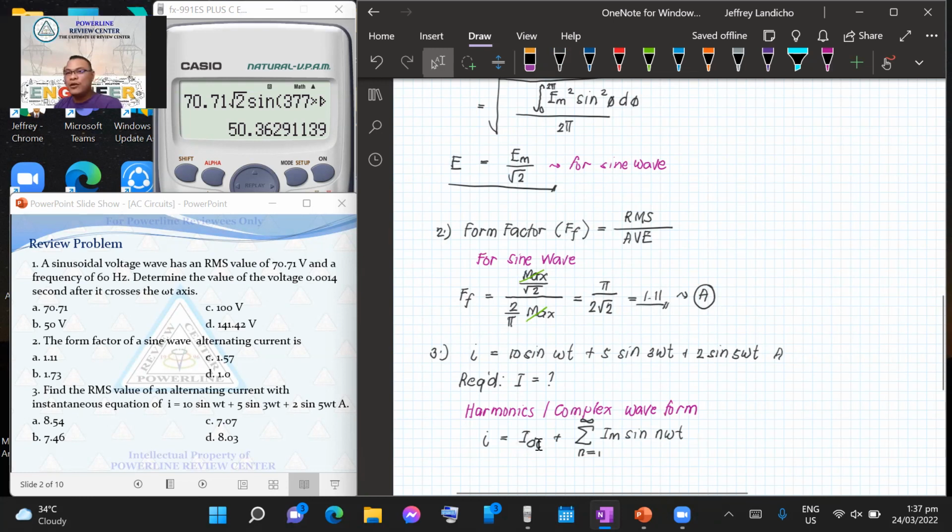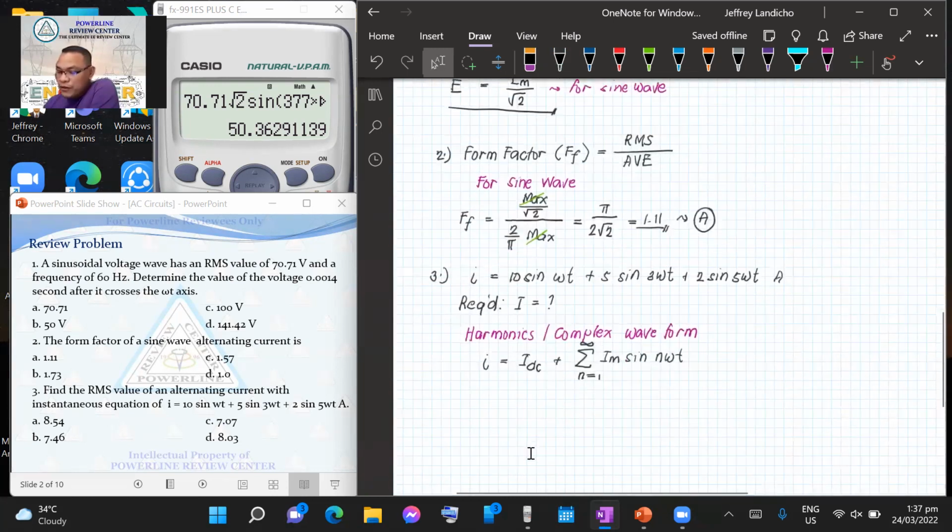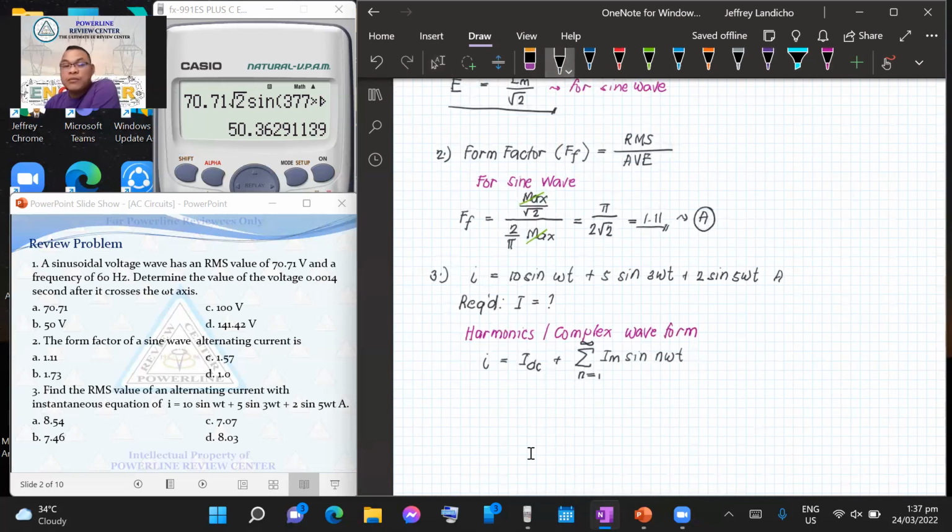So ngayon, kung wala yung constant part, ibig na sabihin yung kanyang DC component, it is only what? Negligible. So for this given type of complex waveform, to get its RMS value, so basically, this is also by integration. No? So hindi na lang natin i-derive. The RMS value for this complex waveform, that is only equal to, pag tinanong natin, para lang siyang resultant force.